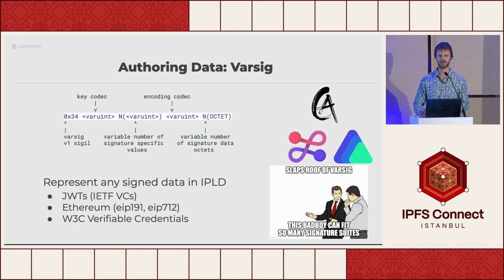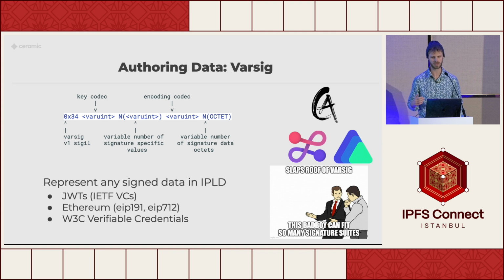And then there's an additional property, which is the signature. You take the bytes out of this VARSIG, you look at what the encoding is, and you encode the IPLD object with it. So in this case, it would be a JWT encoding. And then you just know how to validate the signature.